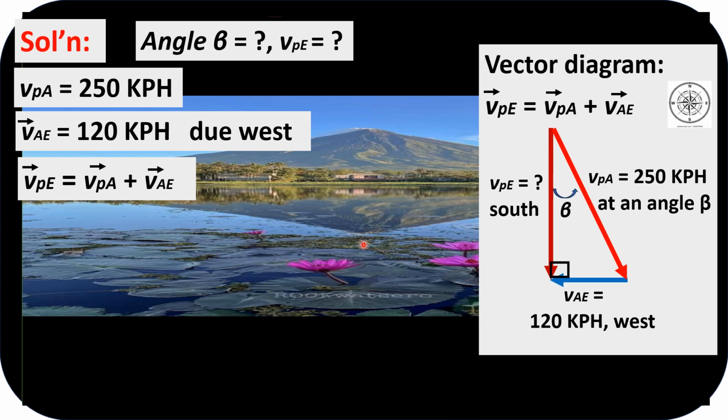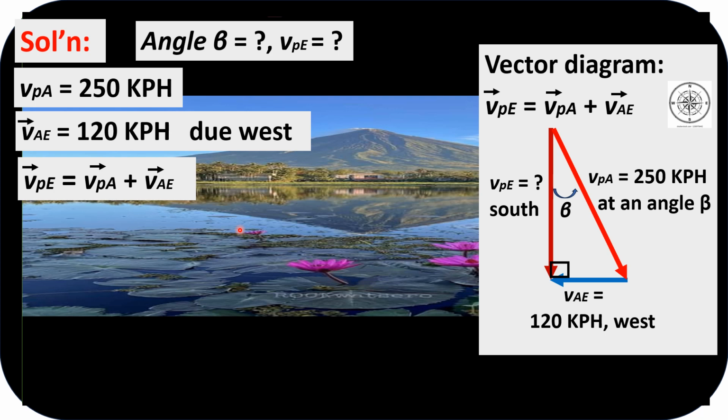Our vector formula for determining velocity v PE is shown in this equation. Vector v PE is just equal to the vector sum of v PA plus v AE.